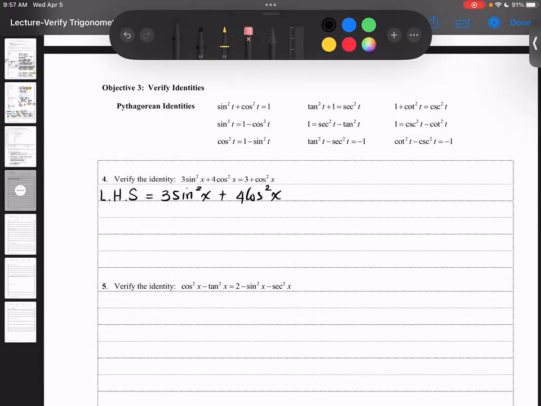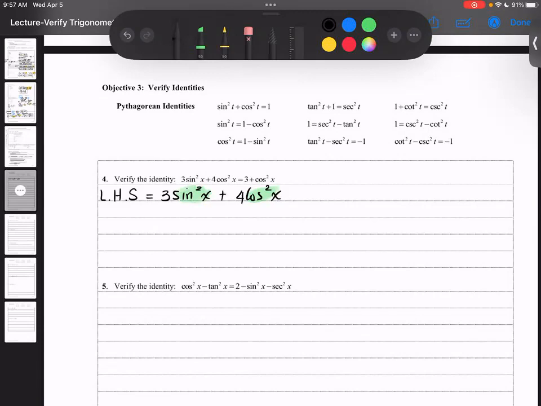Now many of you, if you look at this, you're like, oh, I see sine squared, cosine squared, that's 1. What is the problem? Why can't I just do that right away? Because the coefficients are not matching. Remember, you're only allowed to do equal to 1 if you have something like this.